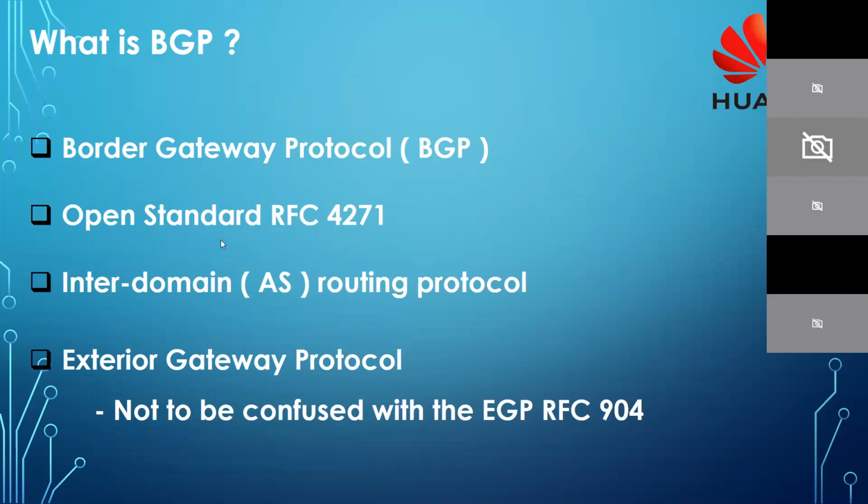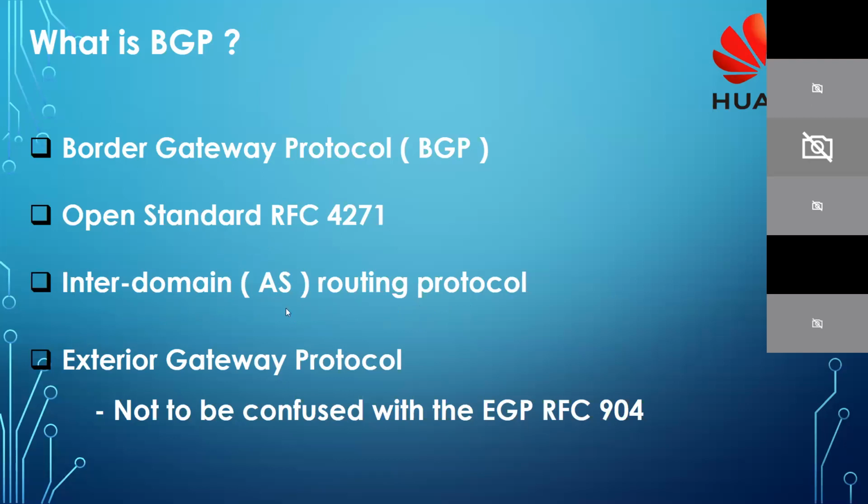All vendors can implement BGP, and the implementations between vendors are compatible, so we can run BGP between Huawei and Cisco. Like we saw, BGP is an inter-domain, inter-AS routing protocol. BGP runs between ASes and exchanges routes between ASes. This is the primary usage of BGP.